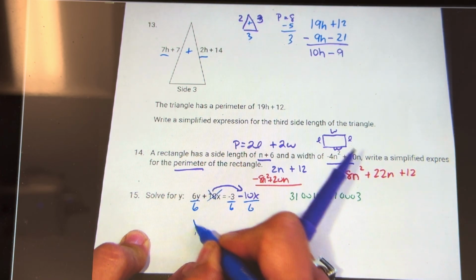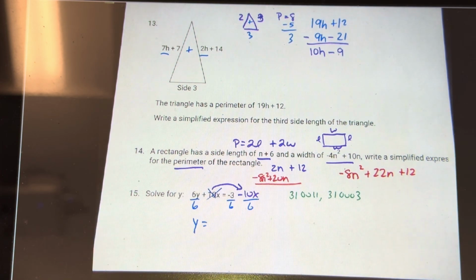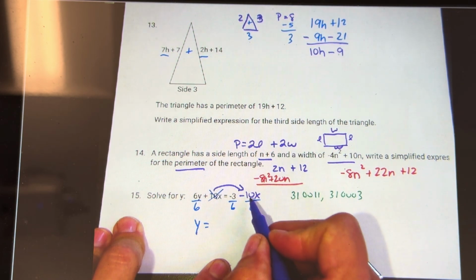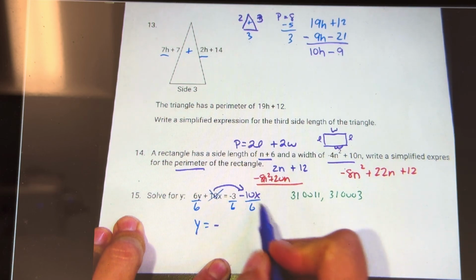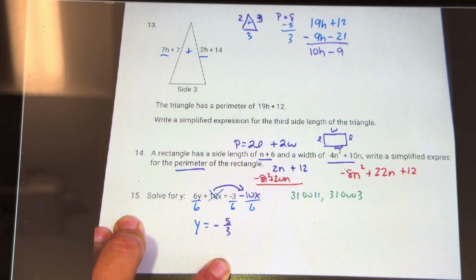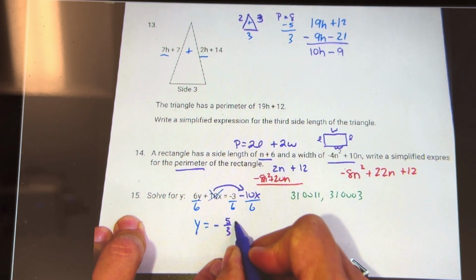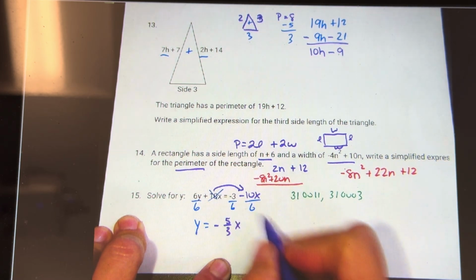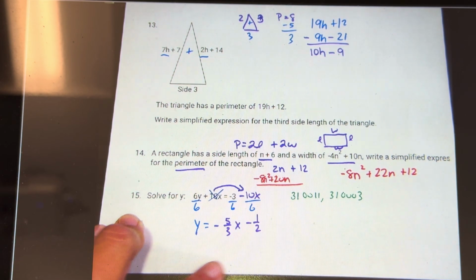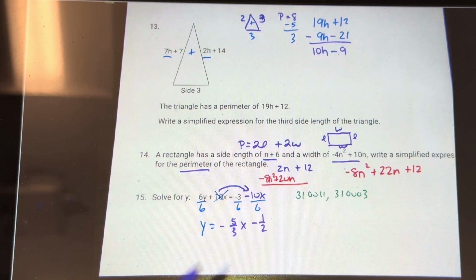And so y equals, and just to get us ready for y equals mx plus b, I'm going to go ahead and put my term with x first. So negative 10/6 reduces to negative 5/3. And you can put that in alpha x and let the calculator reduce for you. And then negative 3/6 is negative 1/2. And for those of you who get 2 on that one, please put it in the calculator.